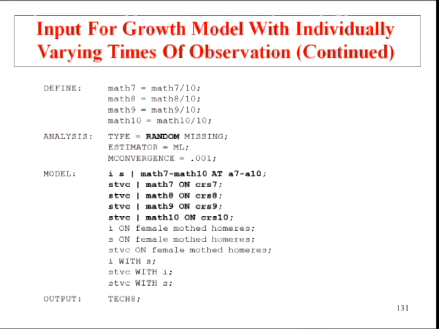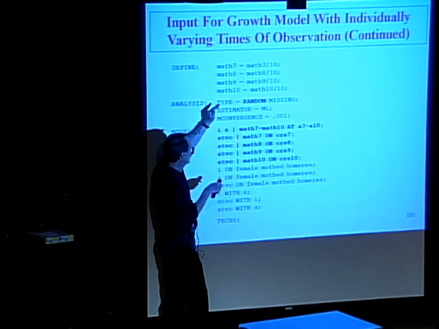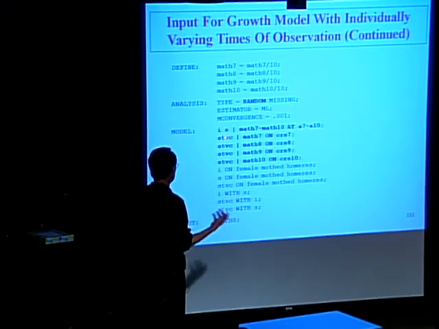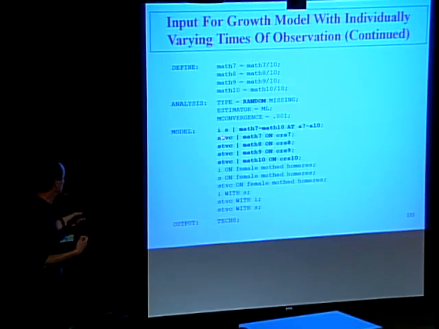So we give that random slope the name STVC. If you didn't say STVC bar here, then that would be a regular fixed slope, with no variance. But when we say the bar, it is a random variable with a mean and a variance, and a variable that can be related to other variables.